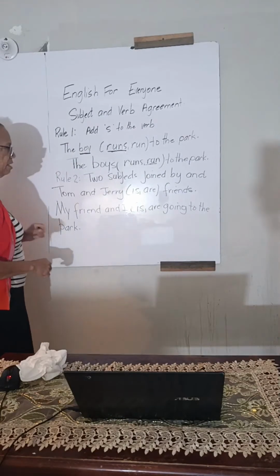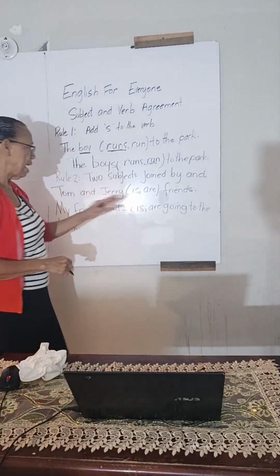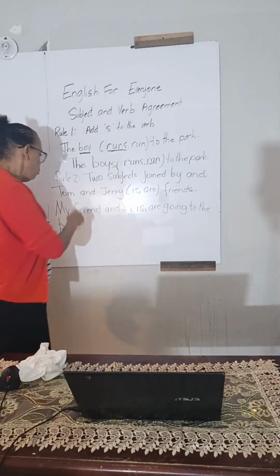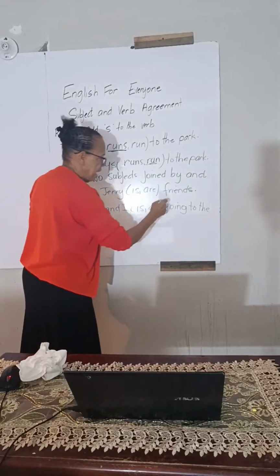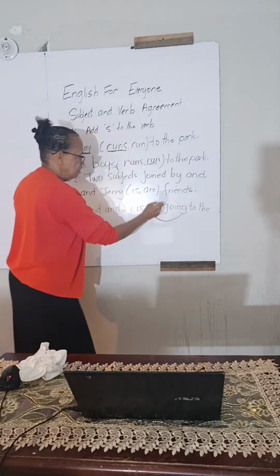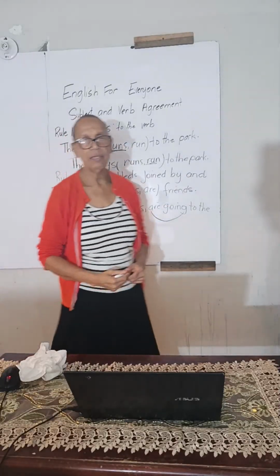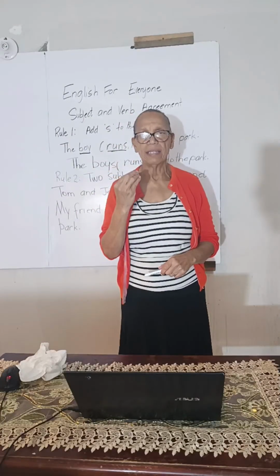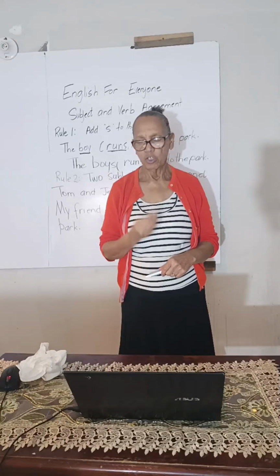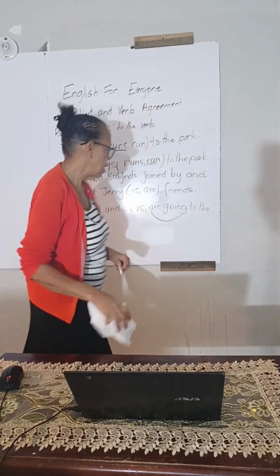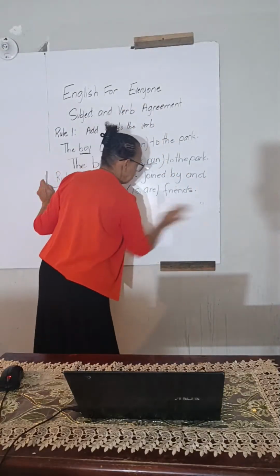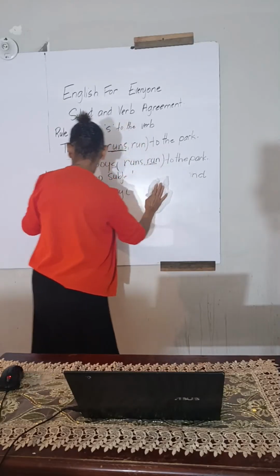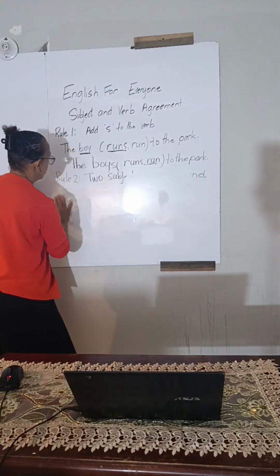My friend is going to the park. I am going to the park. But we are, my friend and I, we are. So it's are. So when you have two subjects joined by and, the verb should be plural. That's rule 2.